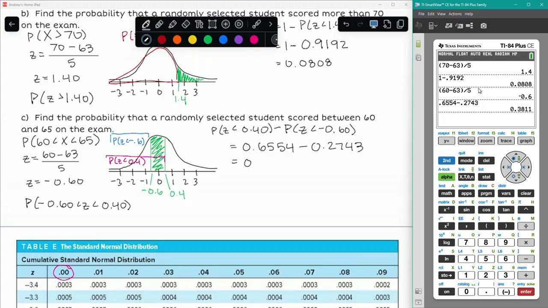And we get 0.3811. So in other words, there is a 38.11% chance that a randomly selected student scored between 60 and 65 on the exam.